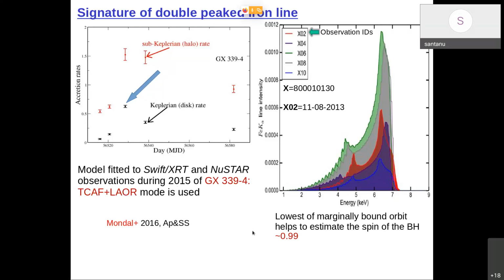This model is to take into account the relativistic effect. After fitting these two models to the data, we found a beautiful line profile: the iron line is skewed, and we can see it formed double peaked.